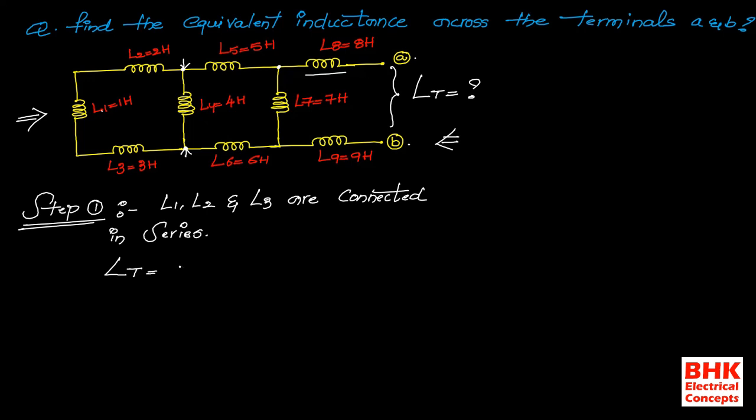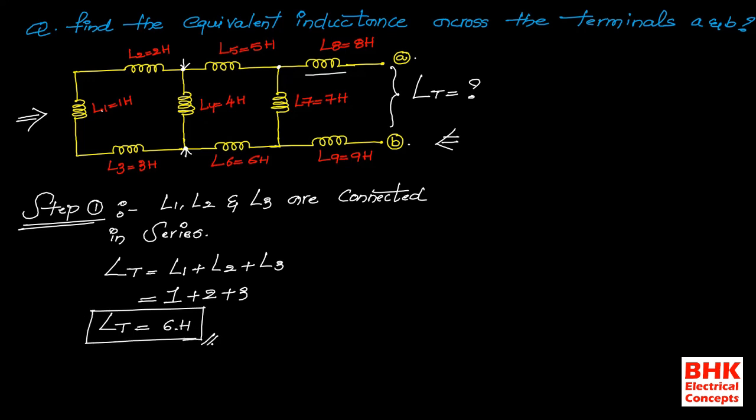So total inductance is equal to L1 plus L2 plus L3. The value of L1 is 1 Henry, and the unit of inductance is always Henries, the value of L2 is 2 Henries and the value of L3 is 3 Henries. The total inductance is 1 plus 2 is 3, 3 plus 3 is 6. So the resultant for the series combination of L1, L2, L3 is 6 Henries.